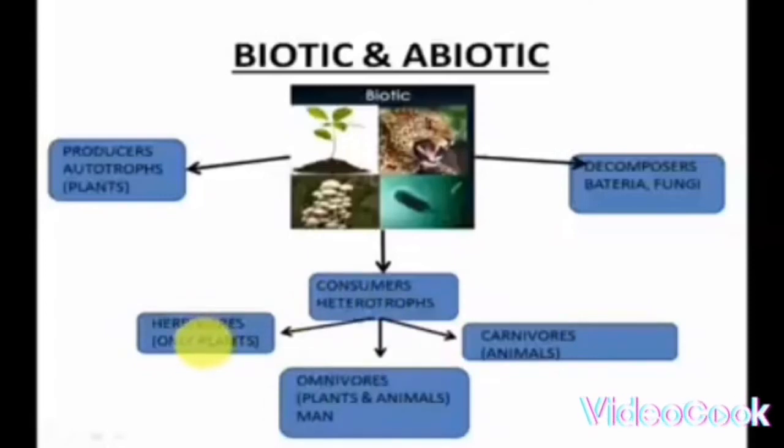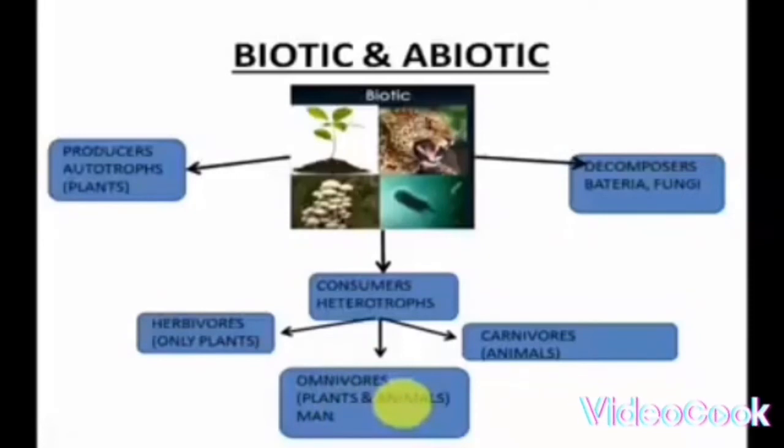Now, under consumers or heterotrophs, we have herbivores, which only feed on plants. Herbivorous animals only feed on plants, for example, the cow.